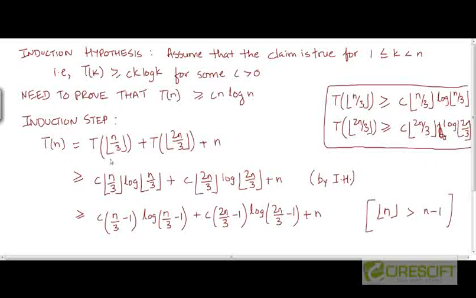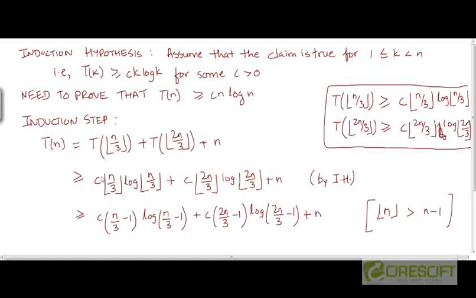So as a result of this substitution, the resulting expression will have a lower value than what it had before. So c times n by 3 times log of n by 3 plus c times 2n by 3 times log of 2n by 3 plus n is less than or equal to the original expression. So T of n is greater than or equal to the resulting expression.